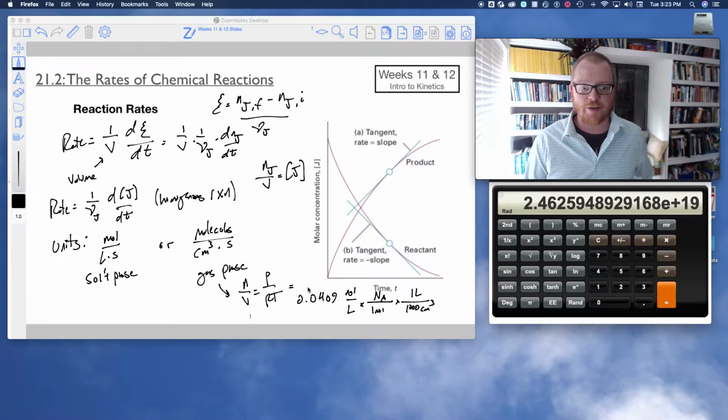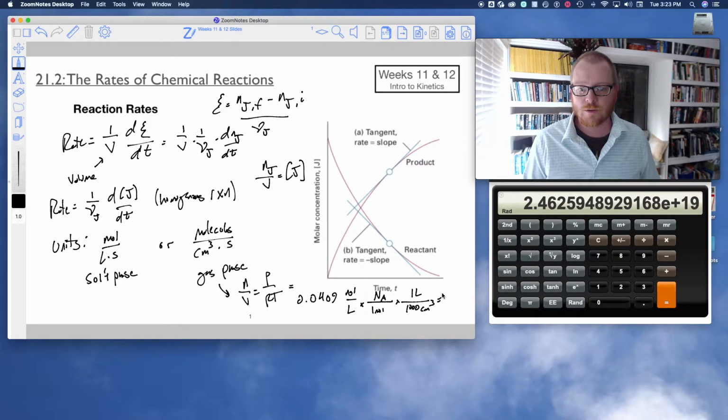That is one of my favorite numbers. I ran out of room here, so I'll write that over here. So that equals 2.46 times 10 to the 19.